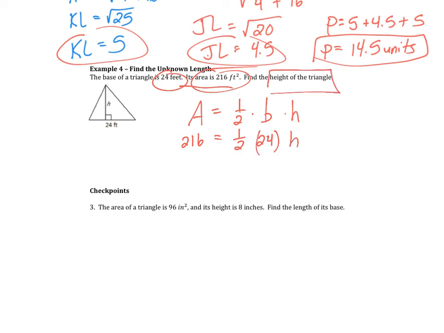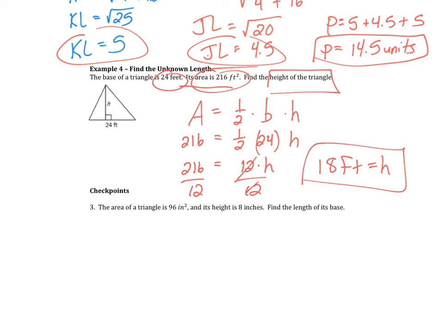We don't know the height, but we're going to find that. So if we keep going, 1/2 of 24 is 12. So it ends up being 216 equals 12h. If you divide by 12, 216 divided by 12 equals h. And 216 divided by 12 is 18. This would be 18 feet equals the height.